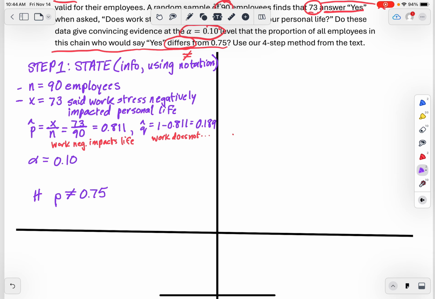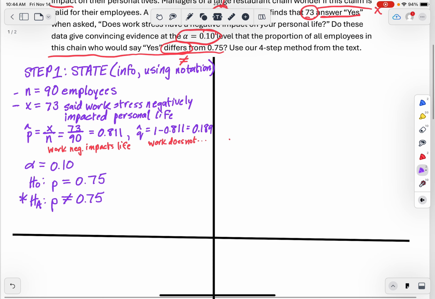So that means it's the alternative hypothesis. I'm going to asterisk it because that's the claim that we want to make sure we make a final statement about in the end. And so the null is just going to be that the proportion is the same as 0.75. And again, P is still what we're looking for, that work negatively impacts their personal life.